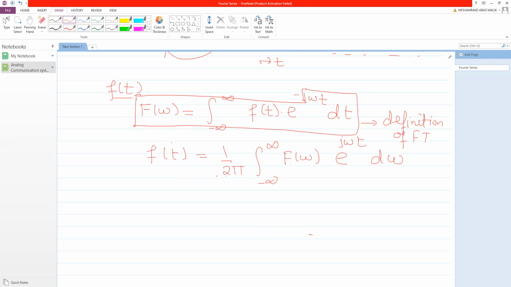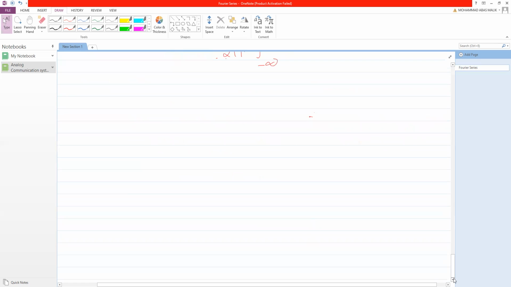Now, the first question which we will do, please note down. Find the Fourier transform of the signal given below.